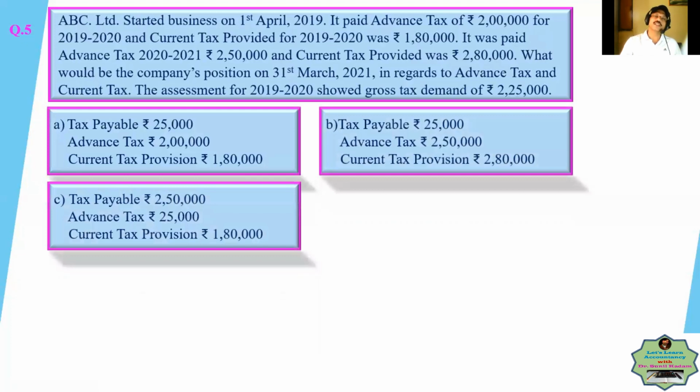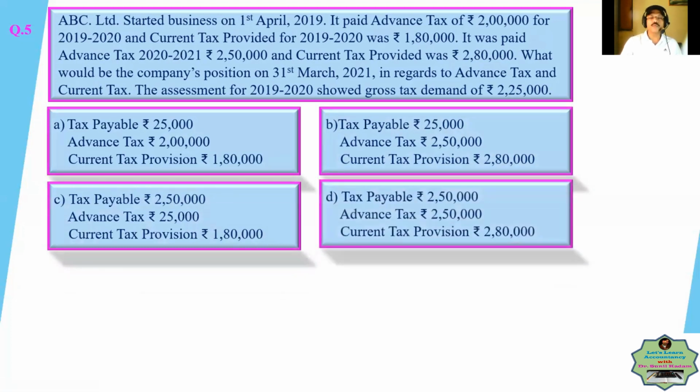The third option says that tax payable is 2,50,000, advance tax is 25,000 and current tax provision is 1,80,000. And the fourth option says tax payable 2,50,000, advance tax 2,50,000 and current tax provision is 2,80,000. So one has to consider the gross tax demand before calculating the net tax liability.